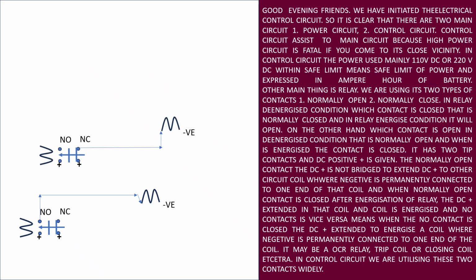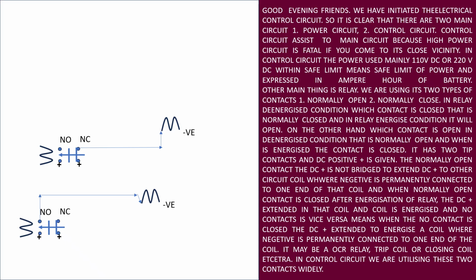Now we will see the use of this normally closed contact. The DC positive will be extended to the coil. Suppose this is a capacitor tripping device trip coil of a circuit breaker.